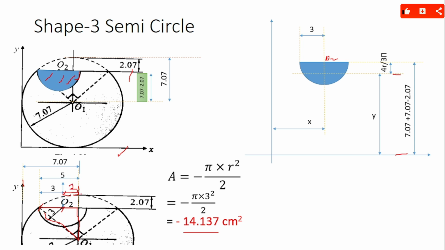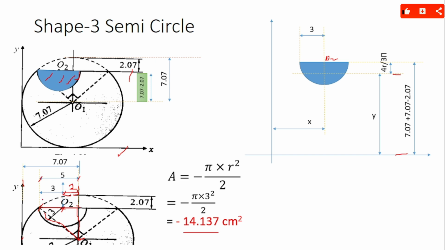I will repeat. We know that the center distance from this point to the y axis is equal to 7.07 centimeter. Now from the triangle calculation, we have calculated the base of this triangle is equal to 5 centimeter. So from the center line up to the edge of the triangle is equal to 5 centimeter. The radius of this semicircle is equal to 3 centimeter. So the remaining distance between O2 and the y axis is equal to 2 centimeter.